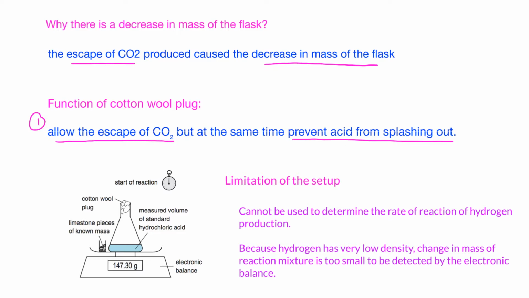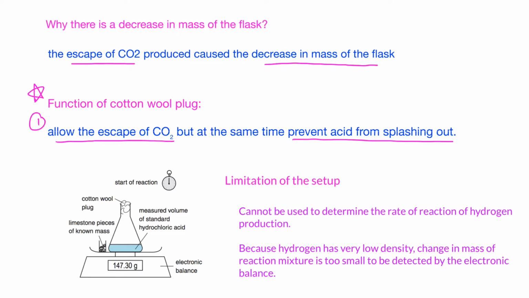If you don't have something to stop the acid splashing out, it will cause a great decrease in the mass. Then that will affect the results. So basically, the function of the cotton wool plug is very important.